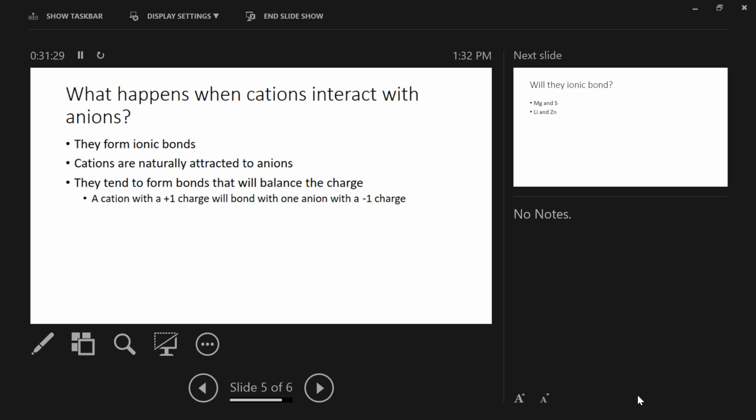And so an example of this, by the way, this isn't how it is always going to work, but an example of this. A cation with a positive 1 charge will tend to bond with an anion with a negative 1 charge. That's not how it's always going to work. But this is an example of how this could work.